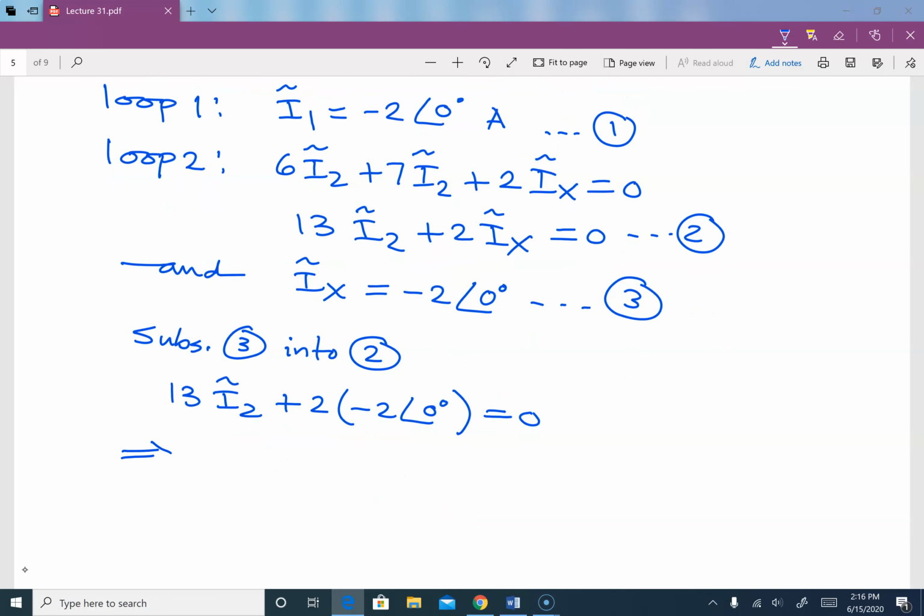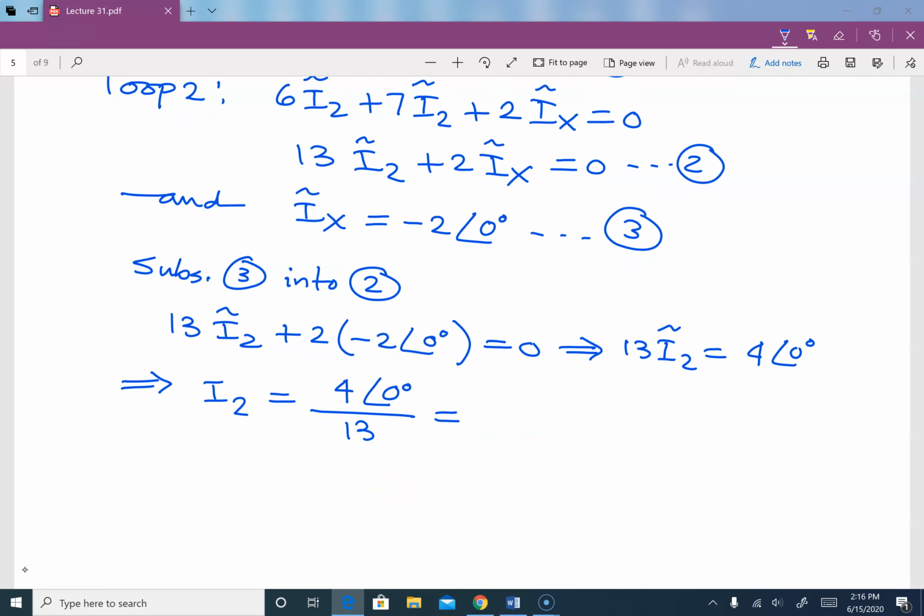So from that, we can say 13I2 is equal to 4 with angle 0, and then our I2 is 4 with angle 0 divided by 13, which is 0.308 with angle 0 ampere.